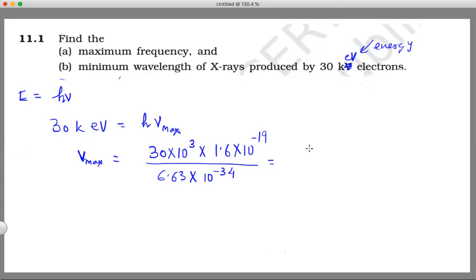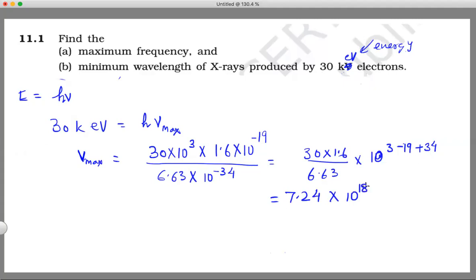So let's do that. 30 into 1.6 divided by 6.63 into 10 raised to the power 3 minus 19 plus 34. So we get about 7.24 into 10^18 hertz. Okay, this is the answer.